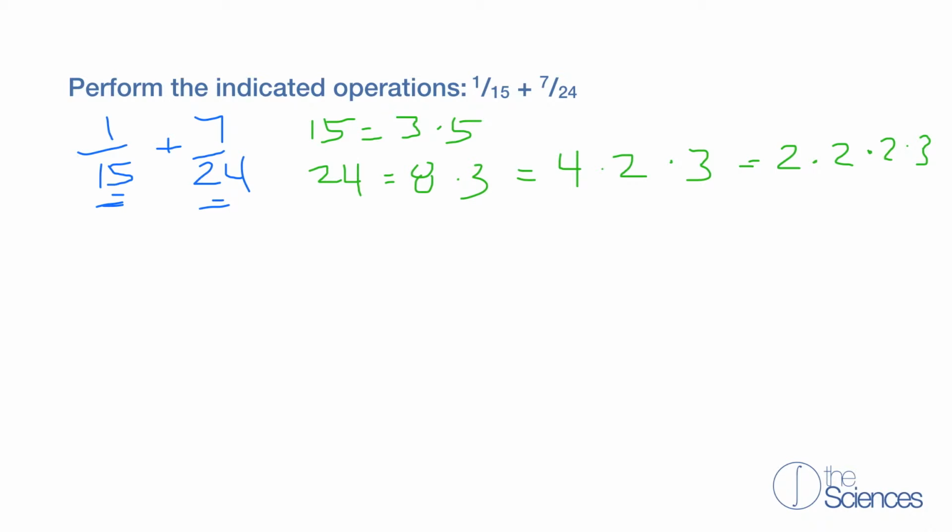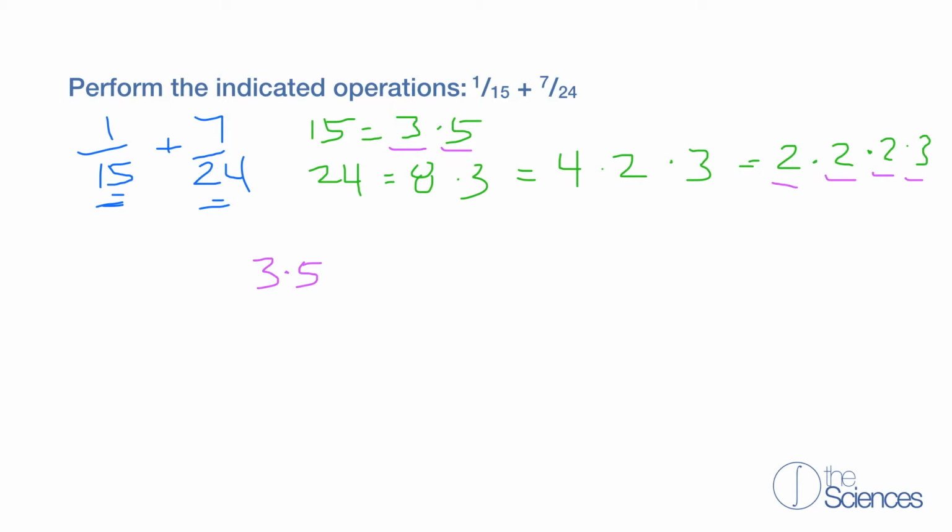So now what we're going to do is find prime factorizations that do not appear in both numbers. So here we have 3 and 5. So we have 3 times 5. Now in our second number, we have 2, 2, 2, and 3.